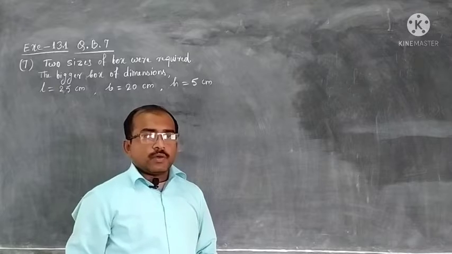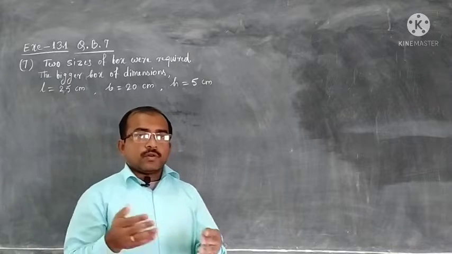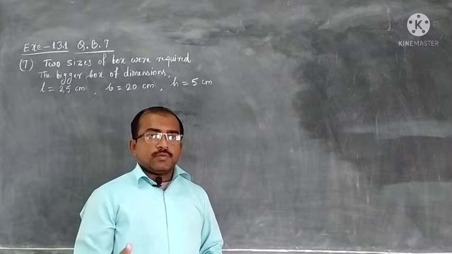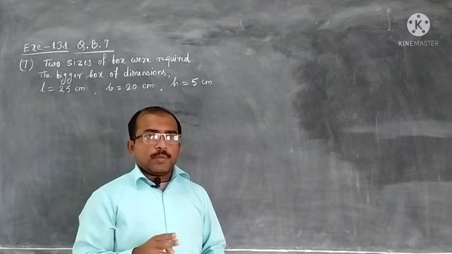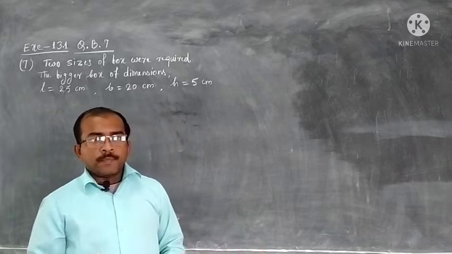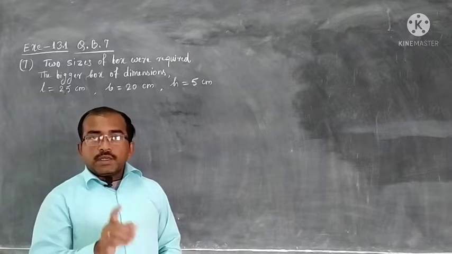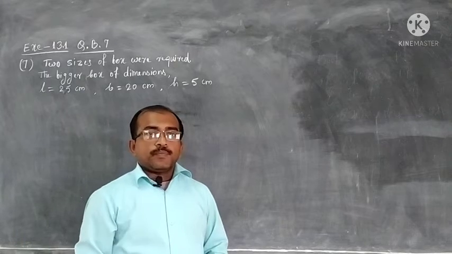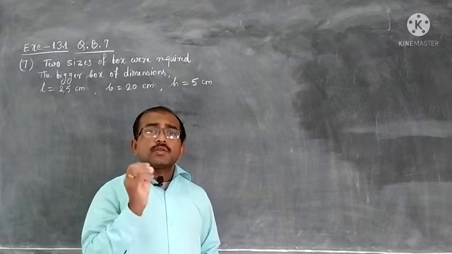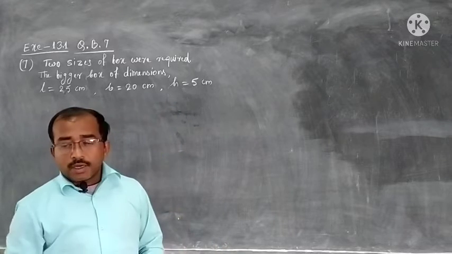But the condition is, whenever we are making a box or anything, some portion of the cardboard or whatever sheet we are using goes in overlap. Overlap means side folding, corner, edge, all those things. So, 5% extra we need of the total surface area. The question is clearly telling us to find the total surface area. So, we will first find the total surface area of the bigger cardboard box.